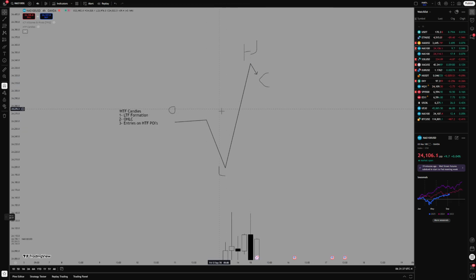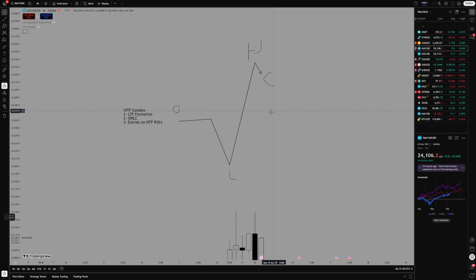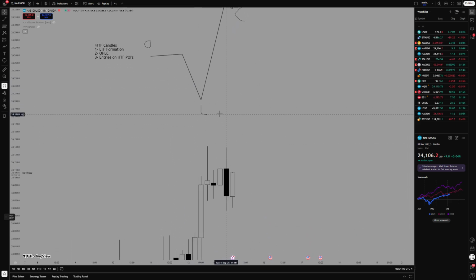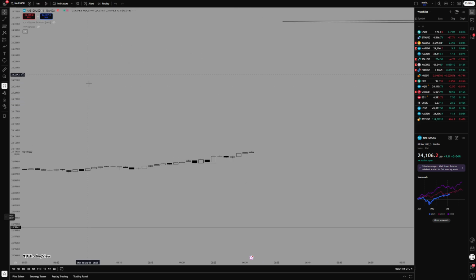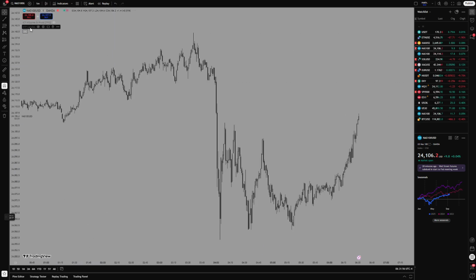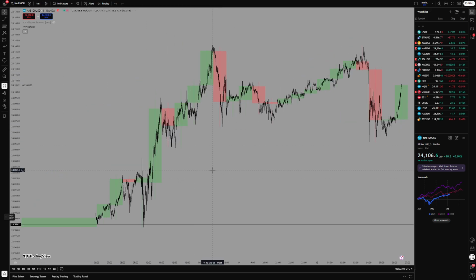This is the basis of higher time frame candles, and this is basically what you would be looking for if you're on the lower time frame and you're looking to take entries, and if you're looking for bias. Now, how do we actually use this? I'm going to go to 1 minute, and turn on the indicator named higher time frame candles, for it to draw higher time frame candles for me.